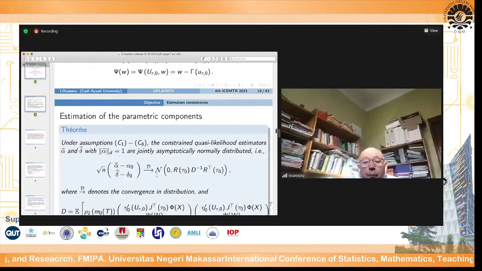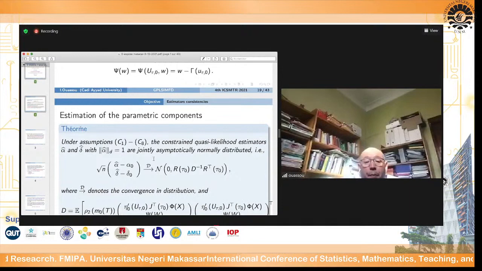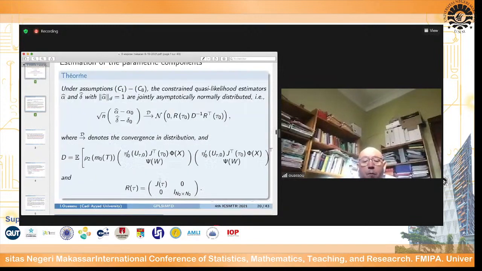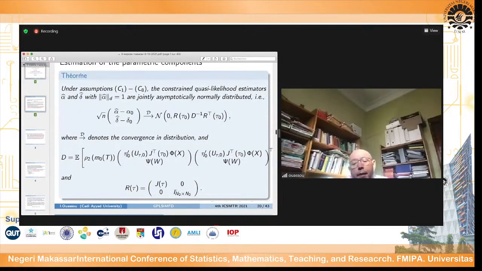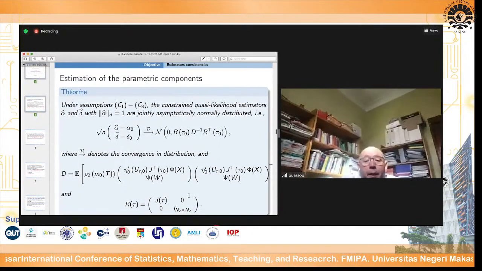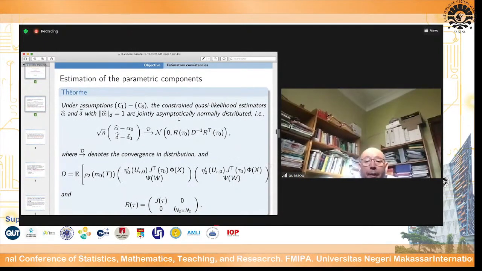We have the convergence in normality of alpha to alpha 0 and delta to delta 0, where D is the following function, R is, and G here is the Jacobian, and here is the identity matrix. So, our result now: we have proved that our estimators are asymptotically normally distributed.